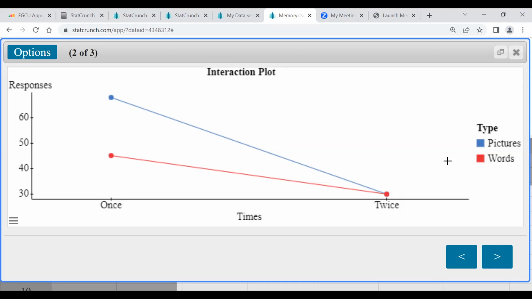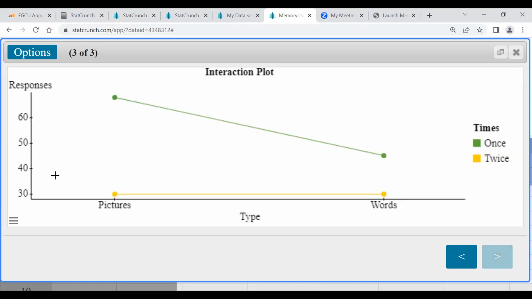But if they are parallel to each other, either in a decreasing way or increasing way, no interaction. Good. I would consider these to be not parallel because parallel lines don't intersect, but they're going this way. They don't cross in an X. So no interaction, agreed. I'm not going to ask you to create a plot, but interpretation is key.